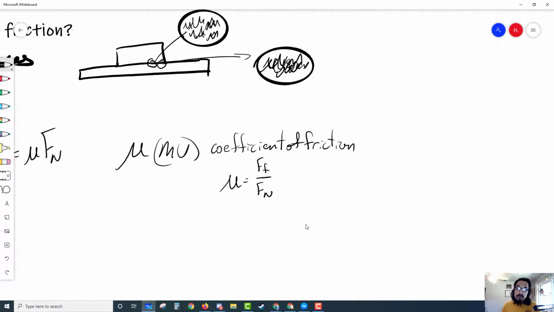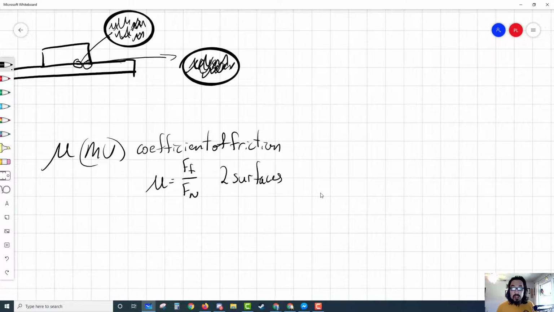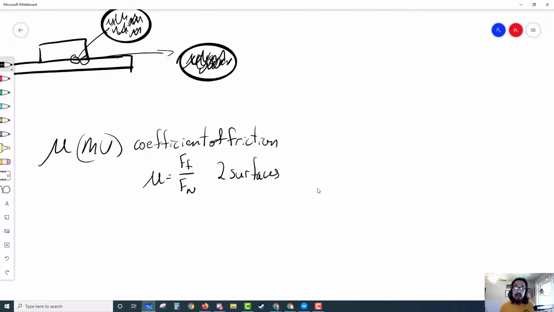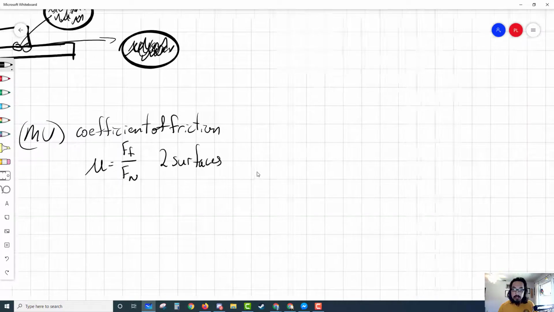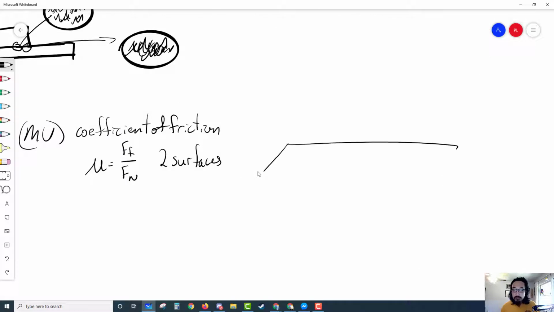What it means is that if you have two surfaces, the mu tells us how much friction can be produced between those two surfaces. A good way to think about it is, let's say you have rubber boots and you're walking. We have a sidewalk, and this is me, having a good time outside, walking with my rubber boots on.